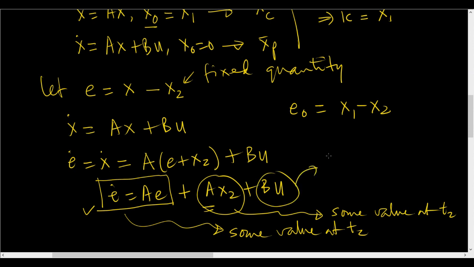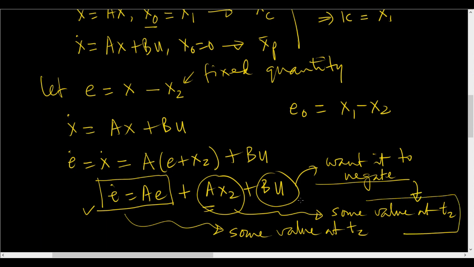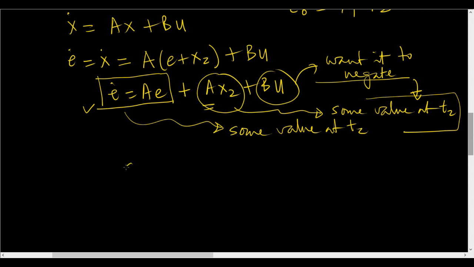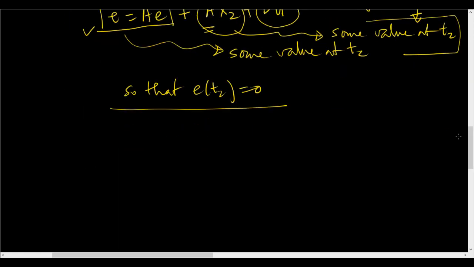We want it to negate the sum of these two values so that E at t2 becomes 0.